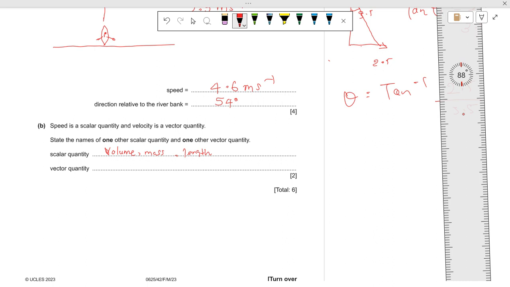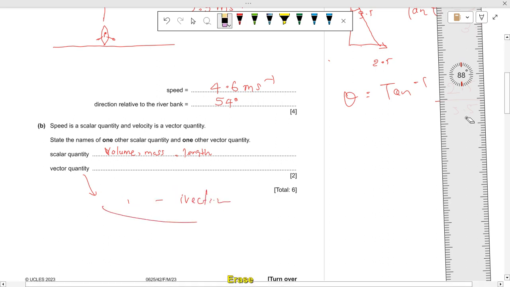Vector quantities are variables which have magnitude plus direction, magnitude and direction.